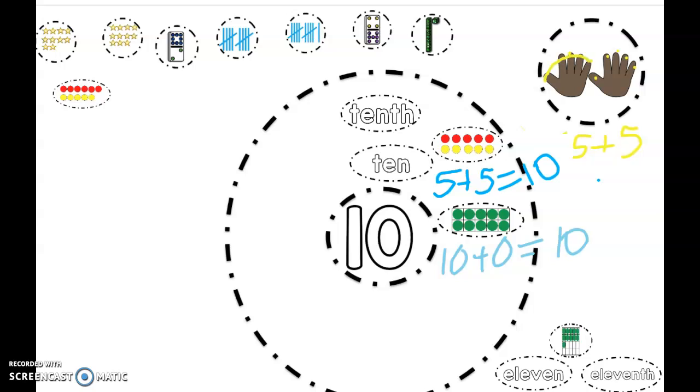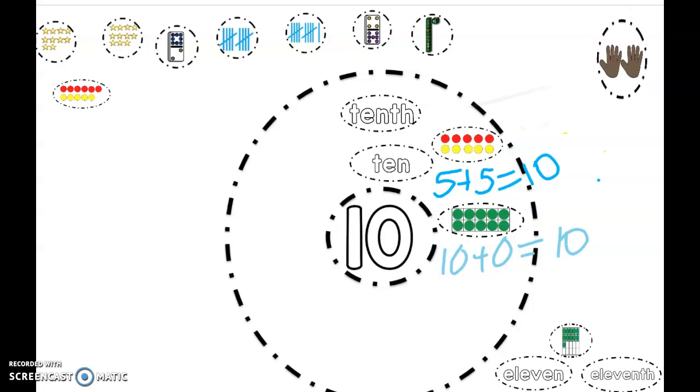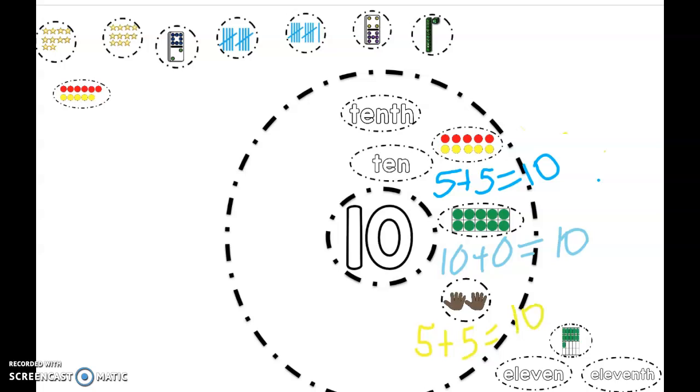So I have 5, 6, 7, 8, 9, 10. So I do have 10. What should I do with it? I should put it in my 10 frame. So both your hands make 10. And that's another 5 plus 5 equals 10.